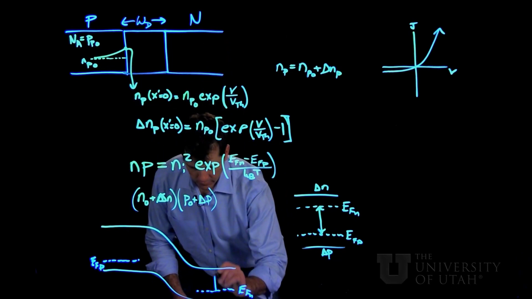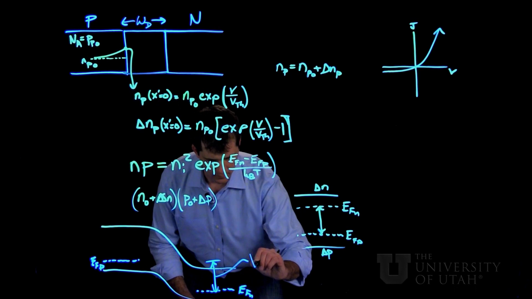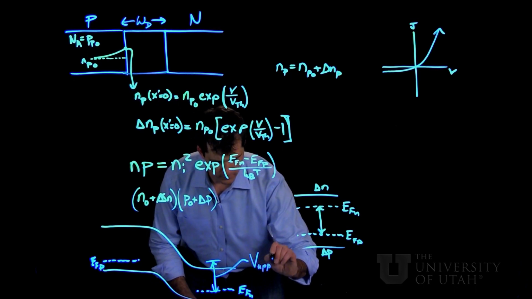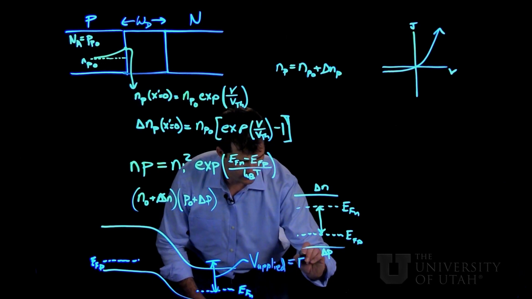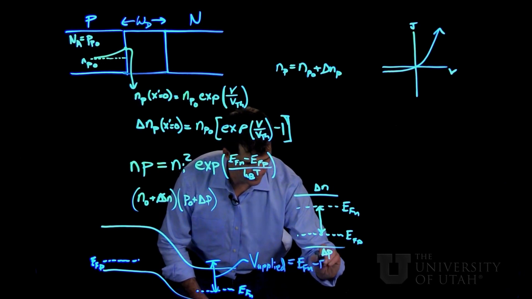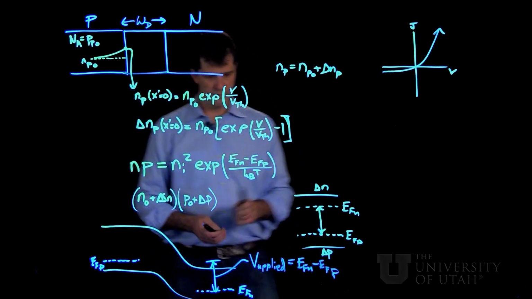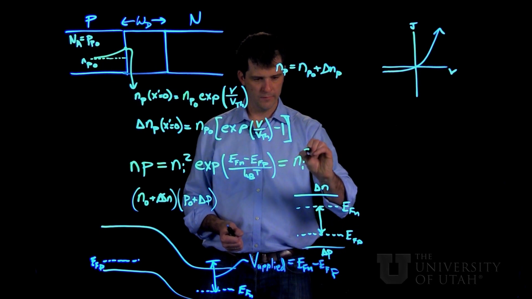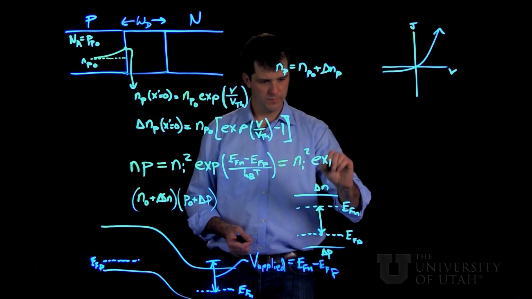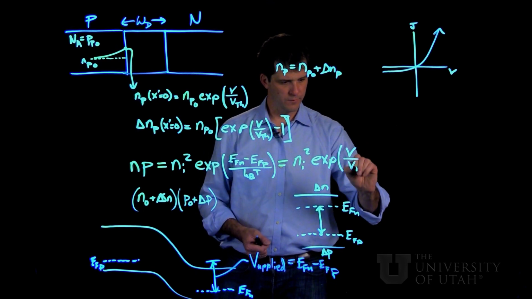And the voltage that we apply turns out to be equal to this quasi-Fermi level splitting. So therefore, we can rewrite this as ni squared exponential to the applied voltage over V thermal.